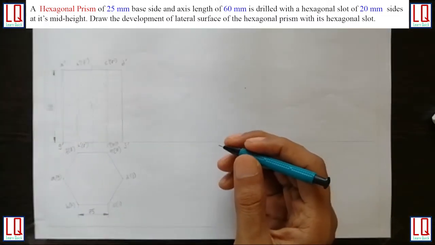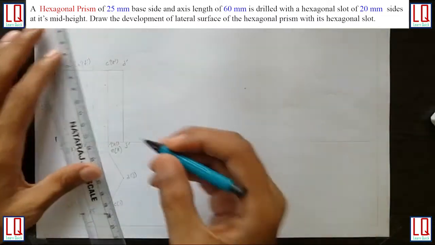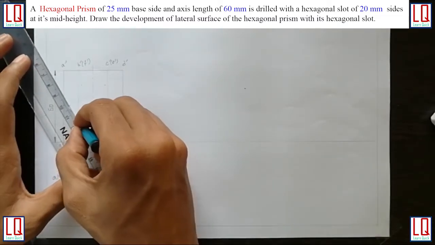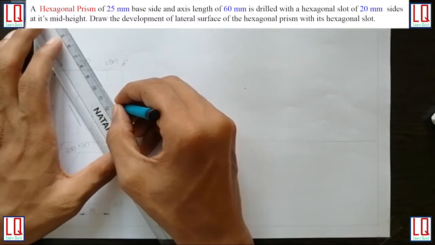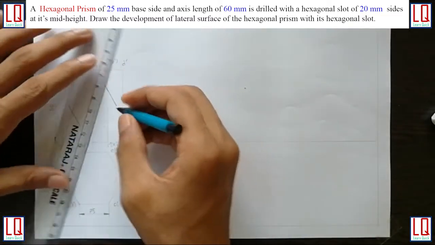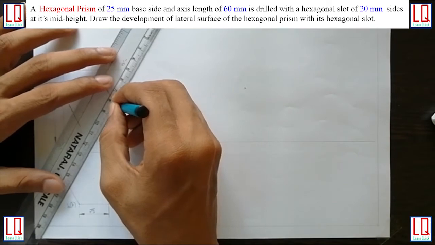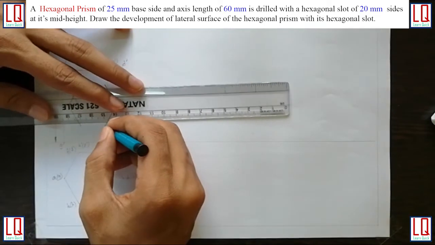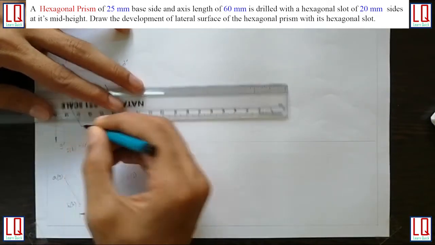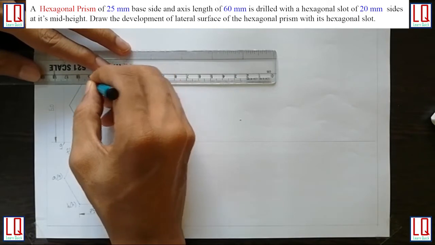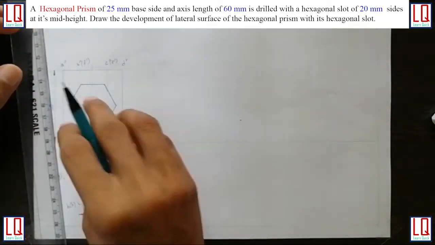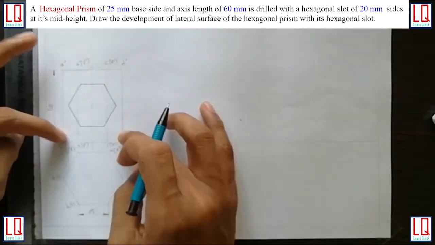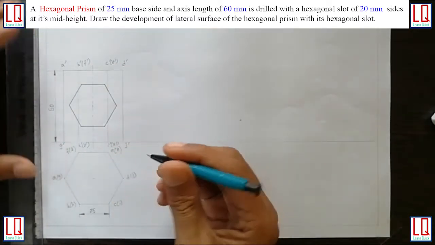Now, with the help of an HB pencil, I am joining all the points. After making this hexagonal slot, whatever material is removed inside we leave light, and whatever material is remaining we make dark with the HB pencil.